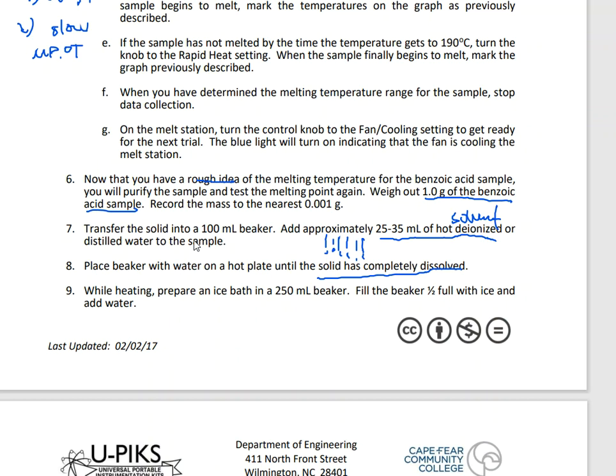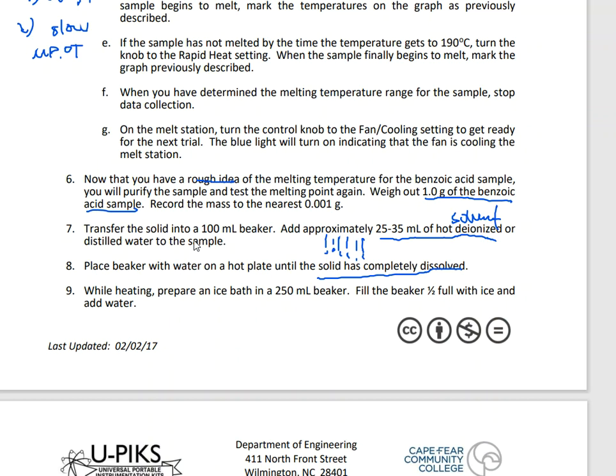If you don't, and you're impatient, horrible numbers are going to come your way because you did not recrystallize. The only thing that you did was put your stuff in hot water. That wasn't recrystallization. That was just putting it in hot water and calling it a day. And that's not the purpose of this lab. So we'll have to get you to go back, and we'll have to get you to redo it. I don't want you to redo it, and you don't want to redo it. So you have to make sure that this dissolves in a laboratory.